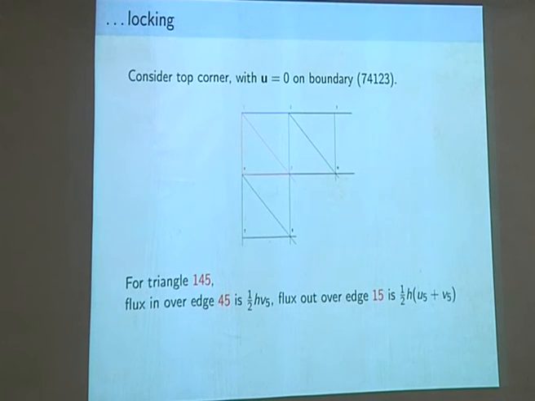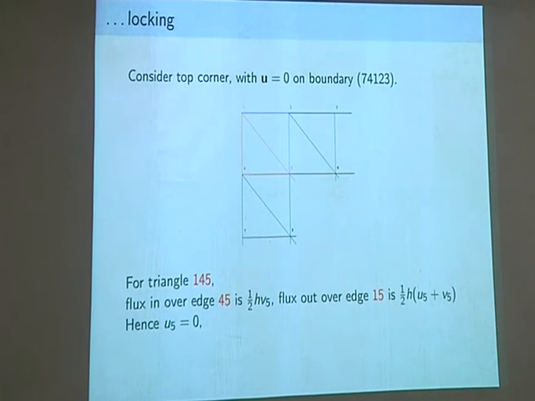So we know what comes in, a half v5, and what goes out is a half u5 plus v5. If there's no net flow, you've just concluded that u5 is 0.